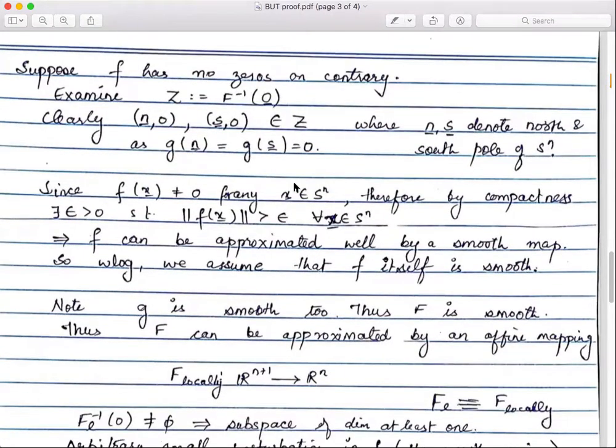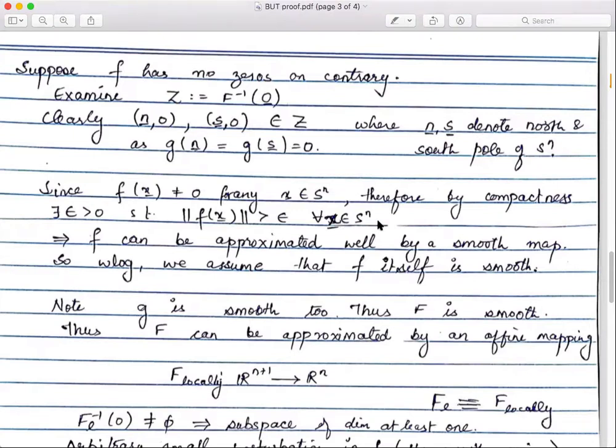Now notice that the function f is assumed to have no zeros. So by compactness of Sn, there is an epsilon positive such that the norm of f of x is at least epsilon for every point in Sn.